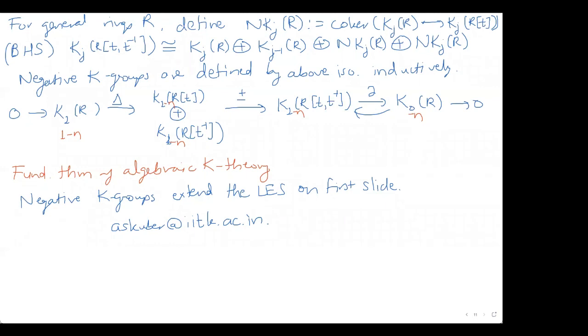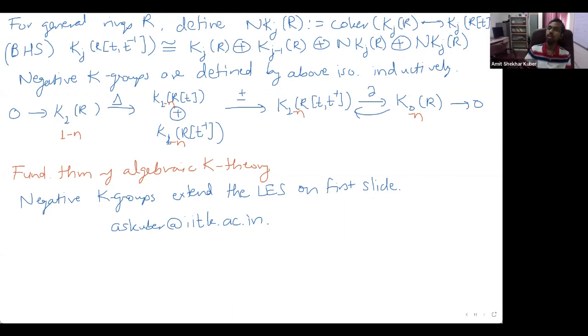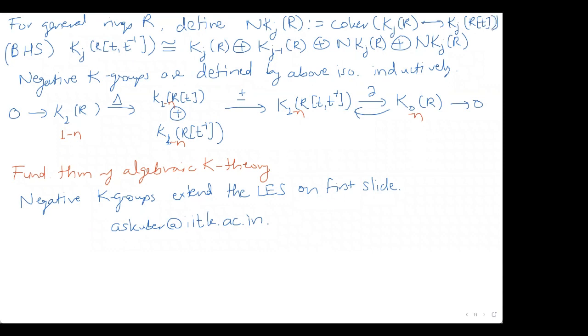Then he extended K1 and K2 using the same idea. Oh wait, no, then he simply used the long exact sequence of homotopy groups. So he defined Kn for larger n. Yes.